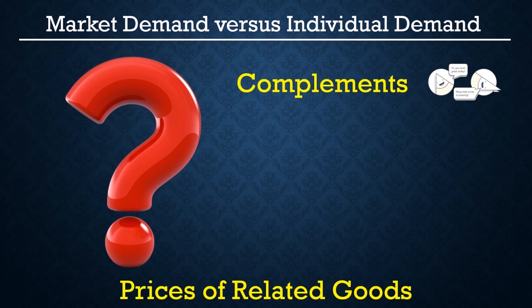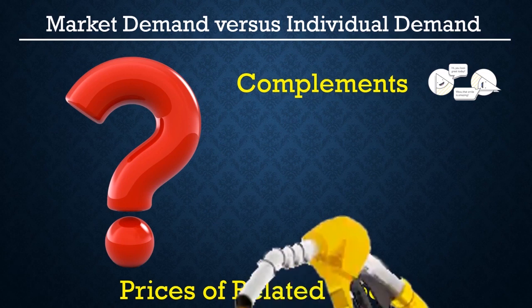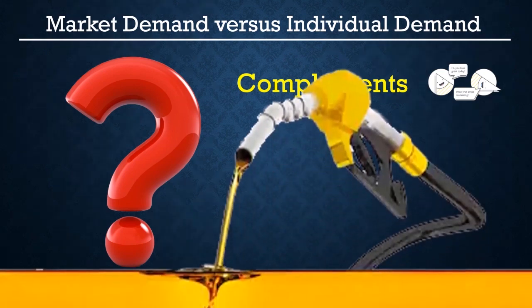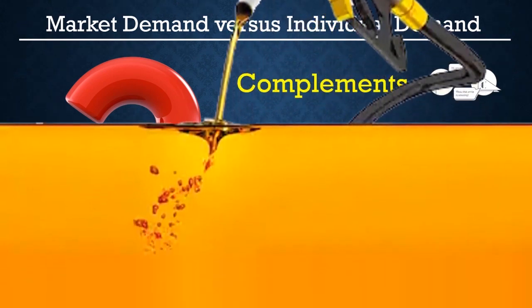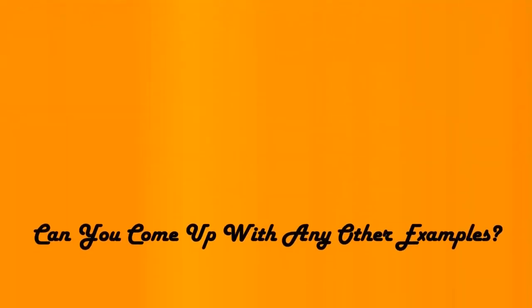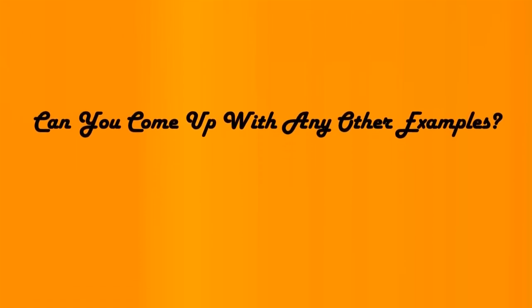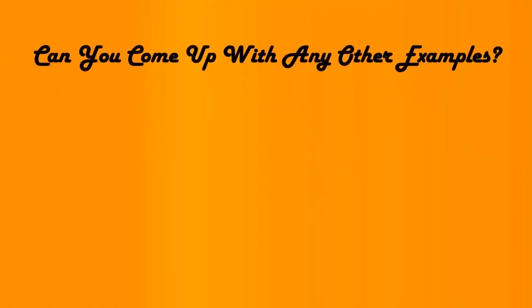And if there is less demand for cars, what is absolutely guaranteed to have less demand as well? Well, of course, it's gonna be gasoline. Now, can you think of any other examples? I'll wait as I take a sip of coffee. Oh, yum.